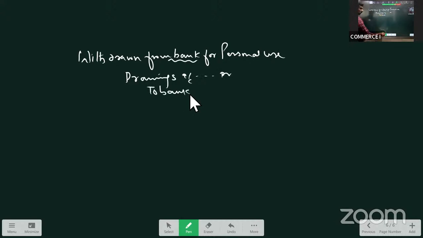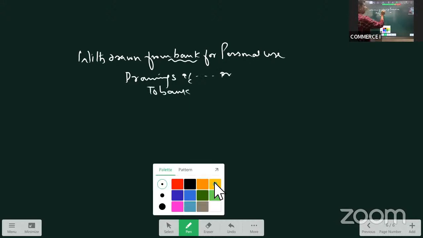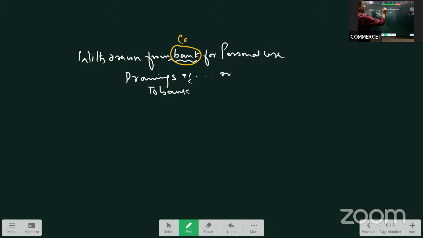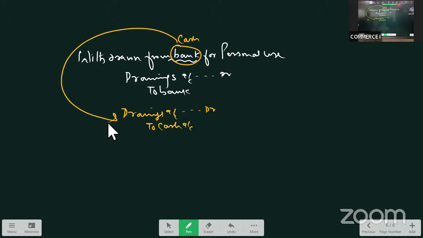And suppose cash withdrawn is given, then the entry would be drawings account debited to cash account. So these are not contra entries. Contra entry means it has to be only withdrawn from bank for office use. If it is withdrawn for personal use, it's not a contra entry. It is a simple entry where drawings is to be debited and bank or cash is to be credited.